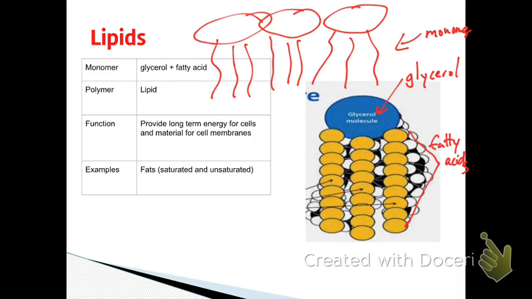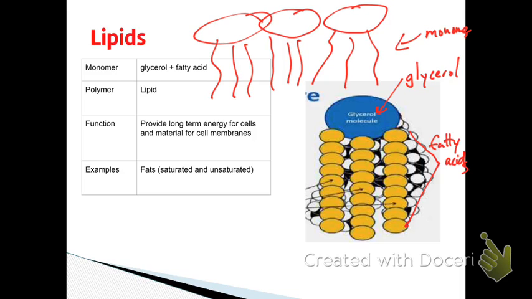Examples of fats are saturated and unsaturated fats. Think about animals that need to hibernate. They store energy in blubber or fat, and over time, during the winter, they use up that fat, but it's for long-term storage. Now, we as vain human beings don't want a lot of fat.